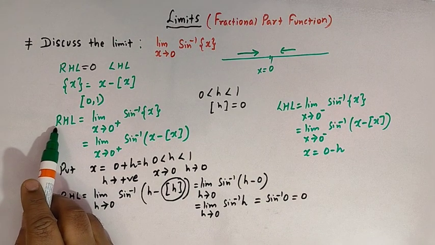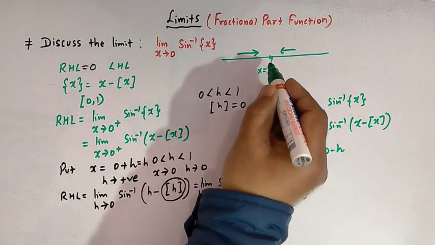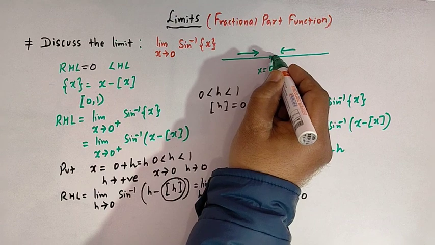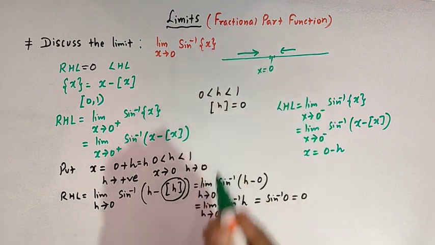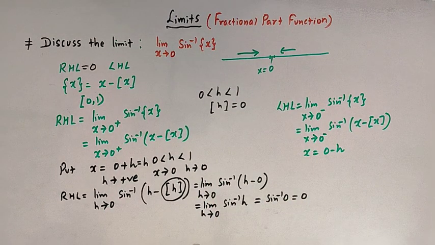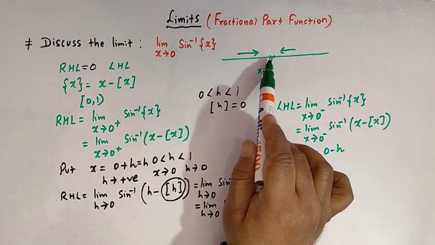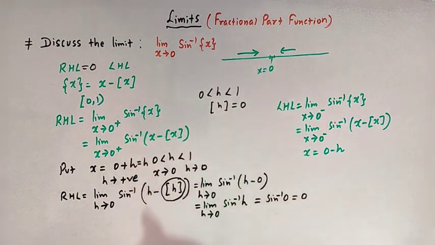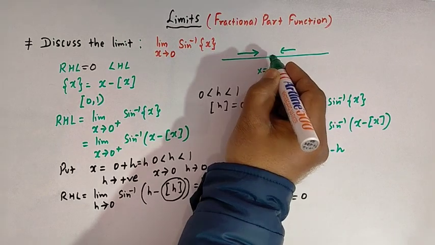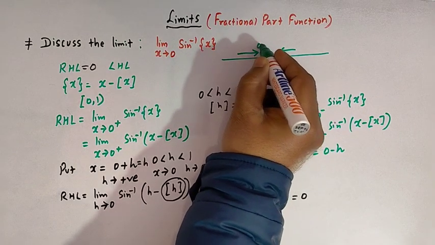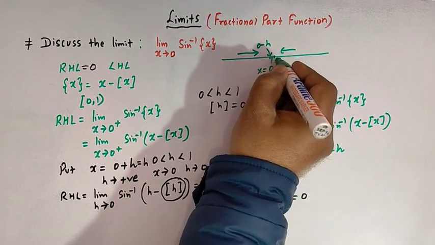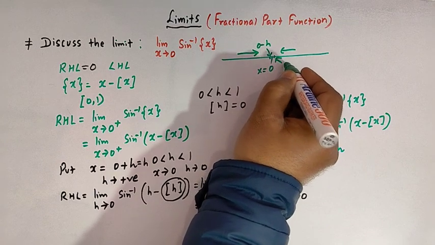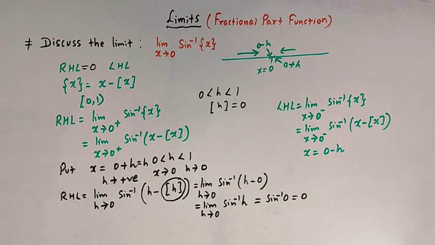And in the case of the right hand limit, we were at this point, which is very close to x is equal to 0, but lies towards the right of x is equal to 0. So this point is 0 minus h, and this point was 0 plus h.